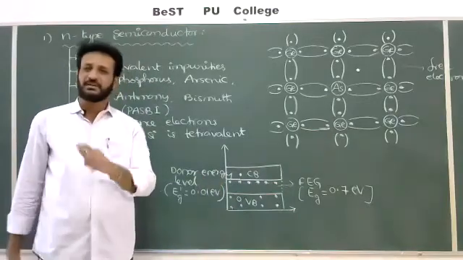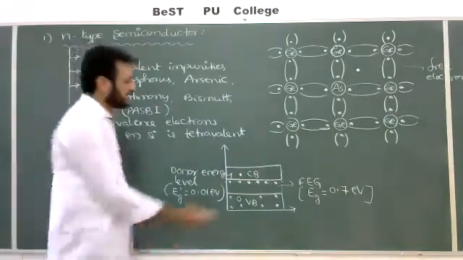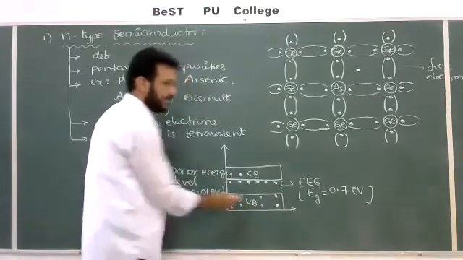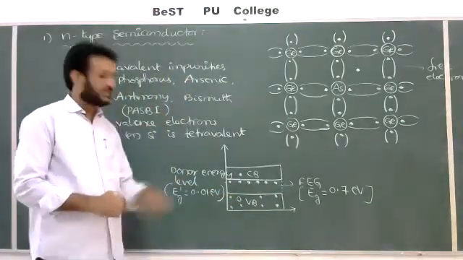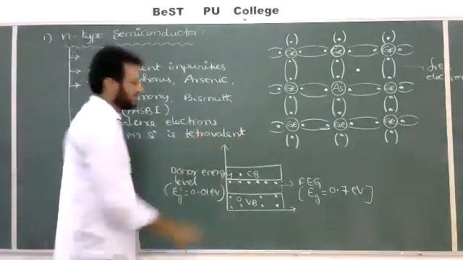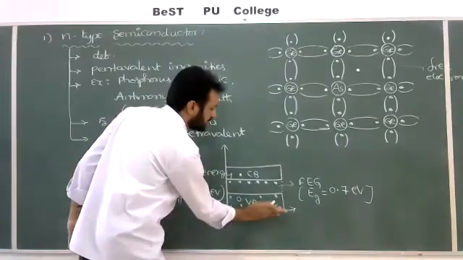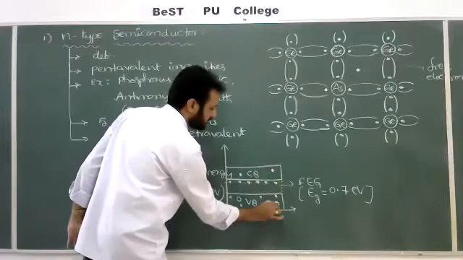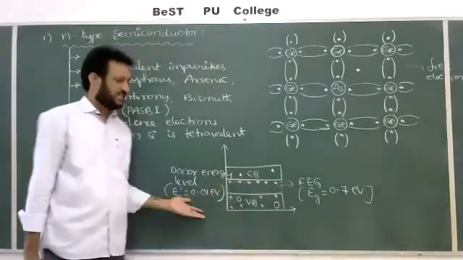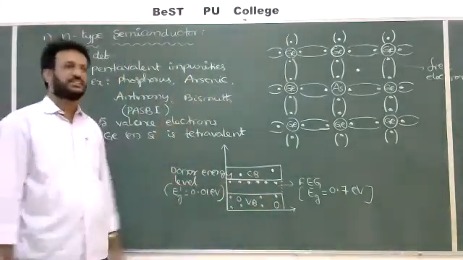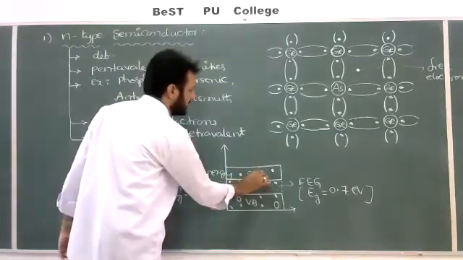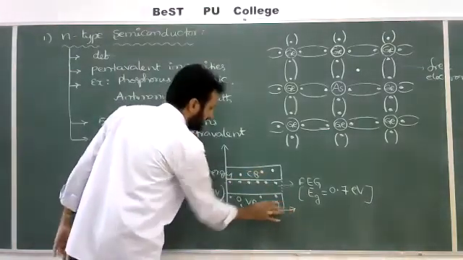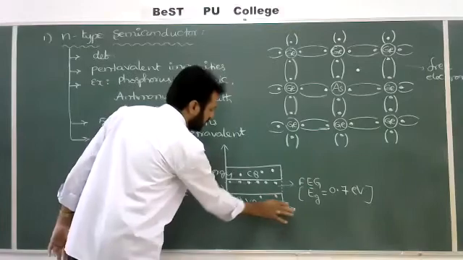But at room temperature or higher, some electrons in the valency band gain energy and jump to the conduction band. If two electrons jump, there are two holes. If three electrons jump from the valency band to the conduction band, how many holes are there?